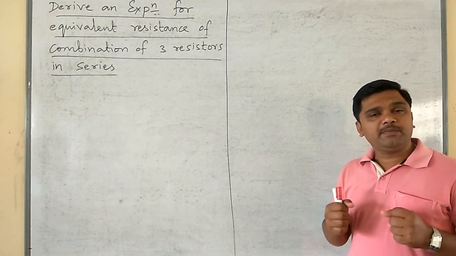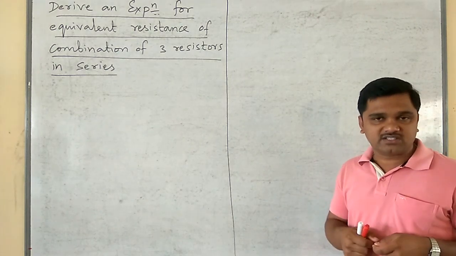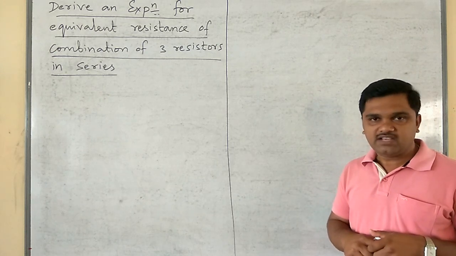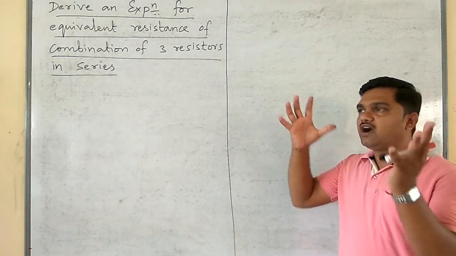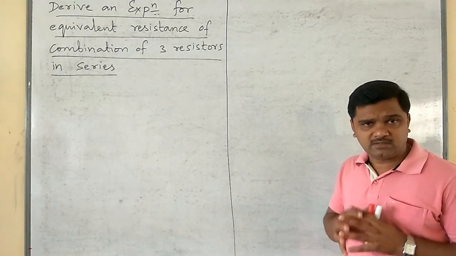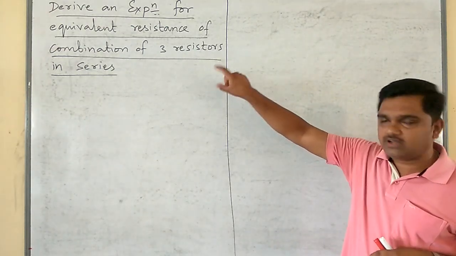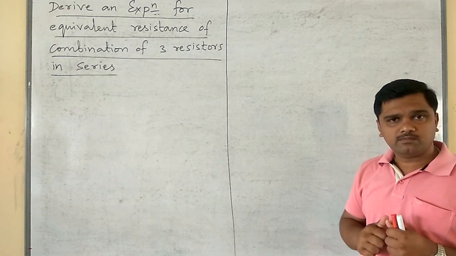Combination is a technique of getting the desired value of resistance from the available values of resistances. Suppose I need a high resistance from small resistances, I have to definitely go for a series combination. So how? Let's see now.